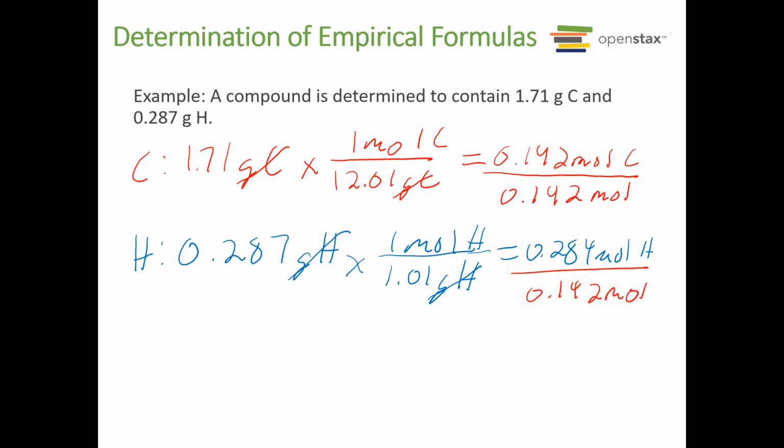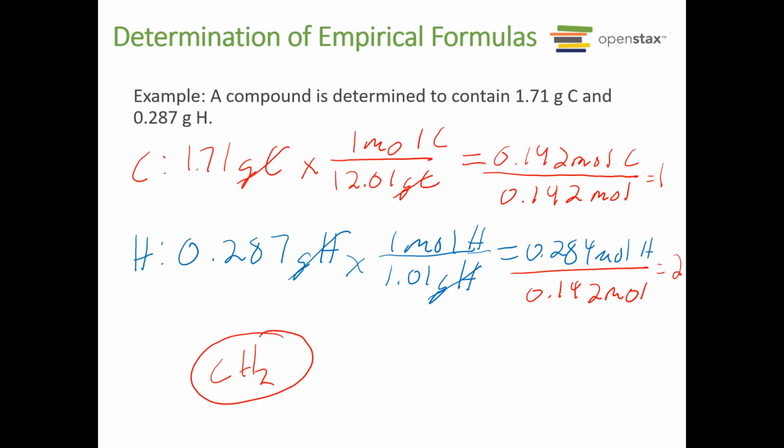If we divide 0.142 moles by 0.142, that gives us 1. If we divide 0.284 by 0.142, that comes out to 2. So this means that we have 1 carbon for every 2 hydrogens. So our empirical formula would be CH2.